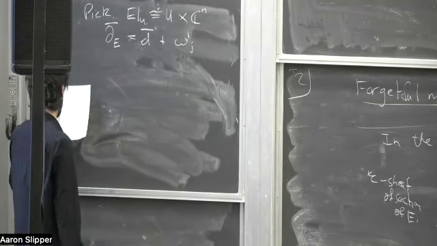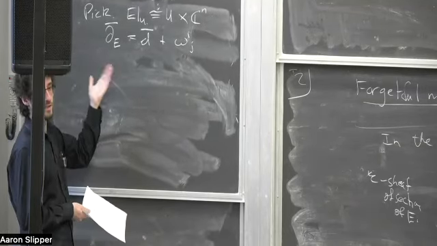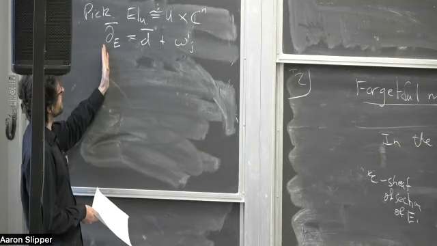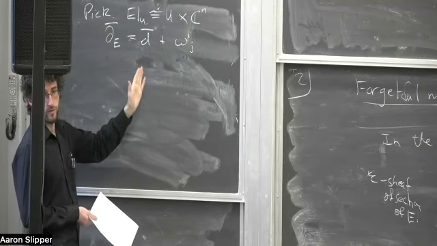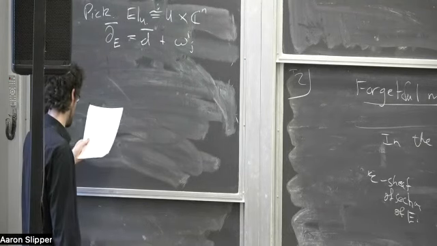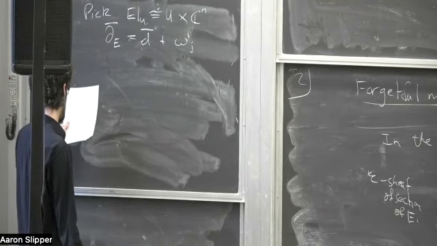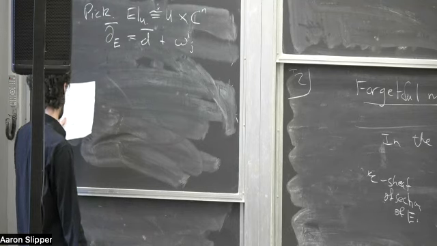And then all we need to do is pick coordinates such that del bar annihilates the anti-holomorphic coordinates.